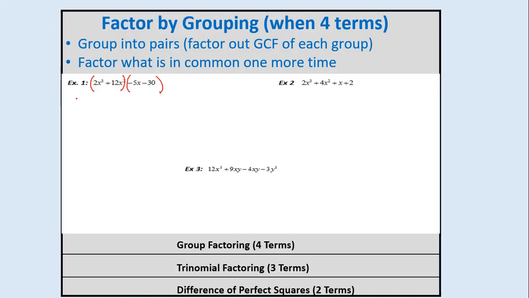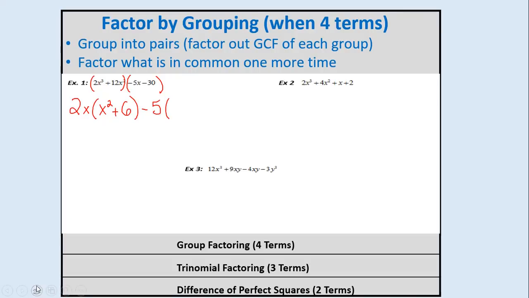It looks like 2x would be the GCF for the first pair. Left out of there would be x squared plus 6. What's common between these two? Looks like it would be a -5. Oh, hold on.